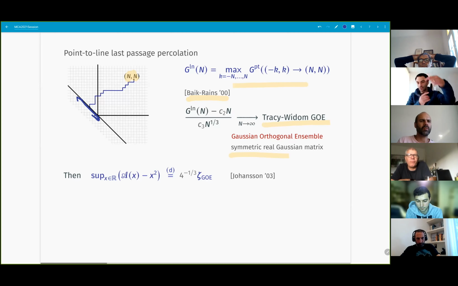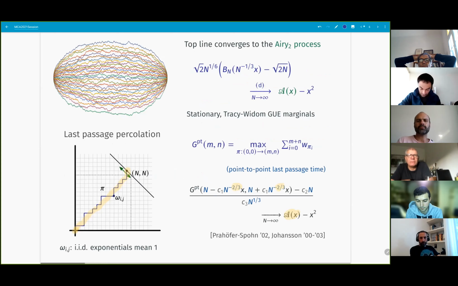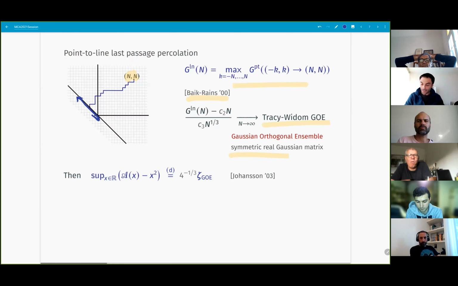And everything is reversible. So in my previous slide, I was talking about this Airy2 process which appears here. Essentially what I have just said tells me directly that if I compute the supremum of this Airy2 process minus a parabola (I haven't mentioned the parabola, but this is just an additional shift which you get), then you get this Tracy-Widom GOE distribution.